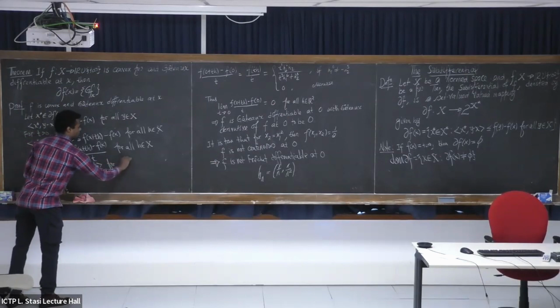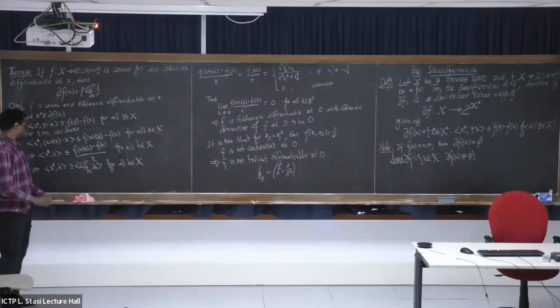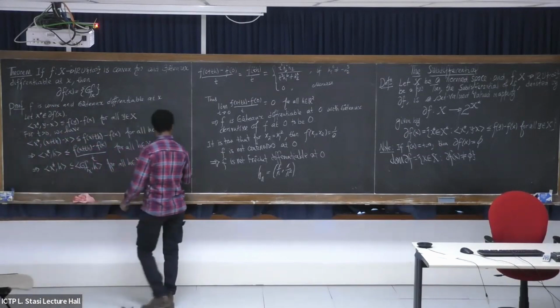Now, if we compute this again for minus h, this is greater than or equal to this one. So we have this star.